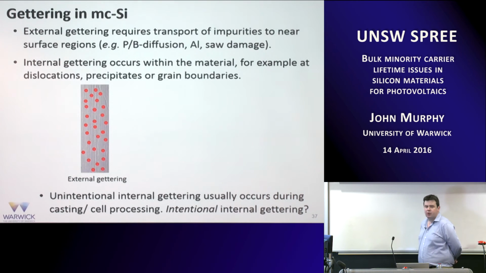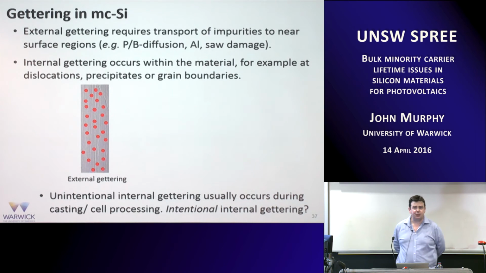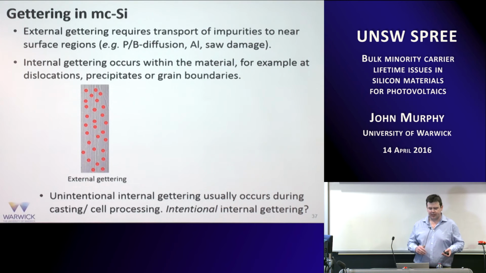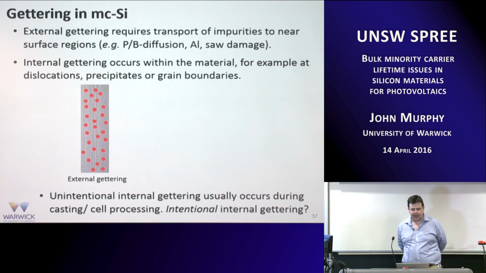Right, and so you're probably all familiar with the idea of gettering. Generally, we have two types of gettering. We have external gettering and internal gettering. External gettering is things like phosphorus diffusion, boron diffusion, aluminium gettering, possibly saw damage gettering, all kinds of surface-related gettering. We also can have internal gettering.